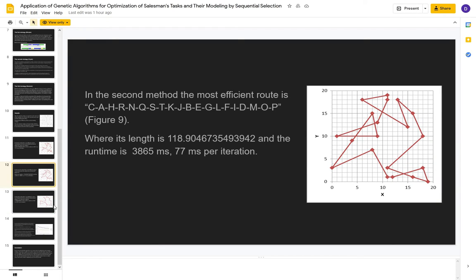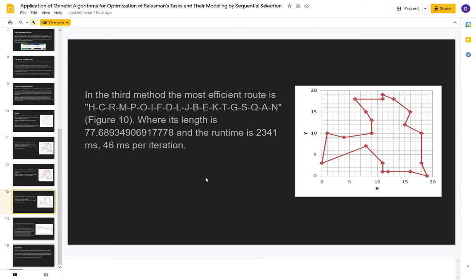In the second method, the most efficient route is CAHRNQSTKJBEGLFIDMOP, figure 9, where the length is 118.90 and the runtime is 3865 milliseconds or 77 milliseconds per iteration.